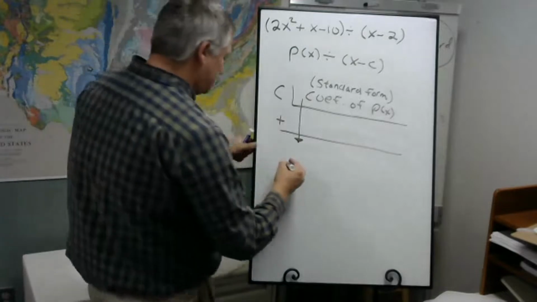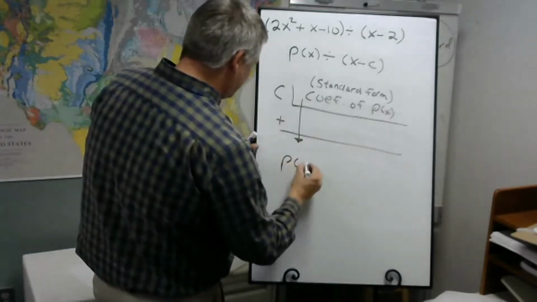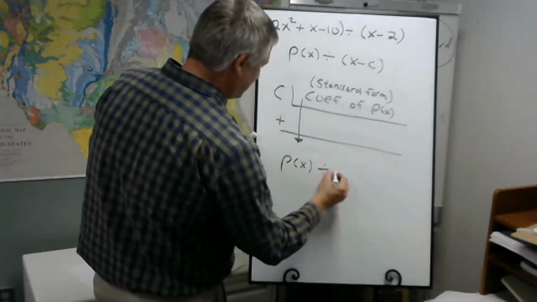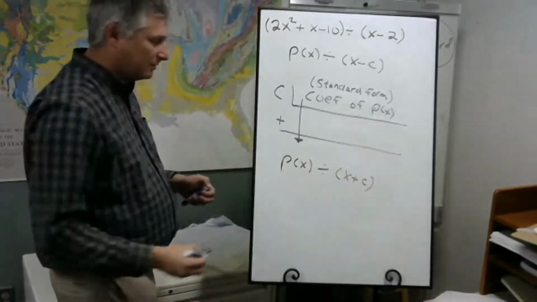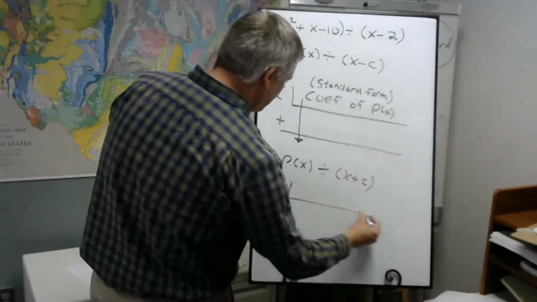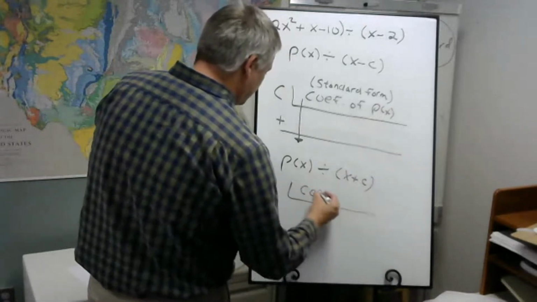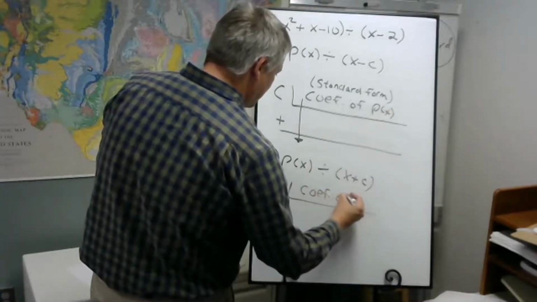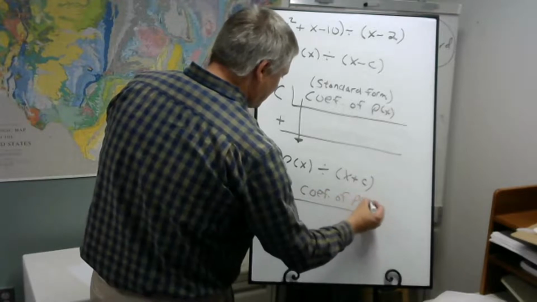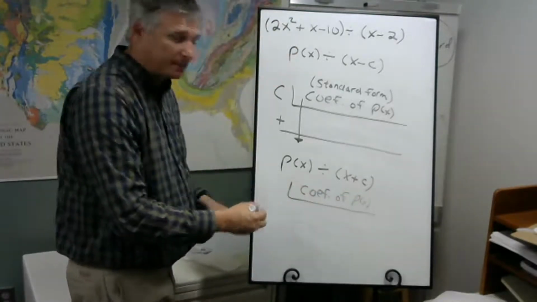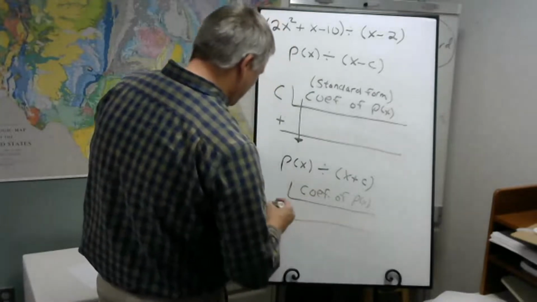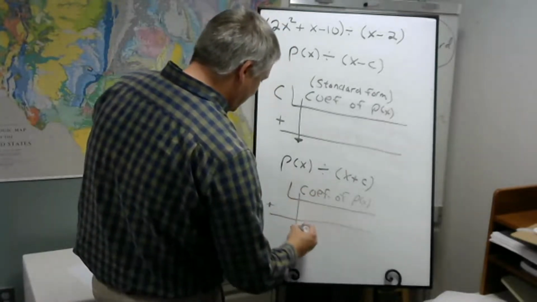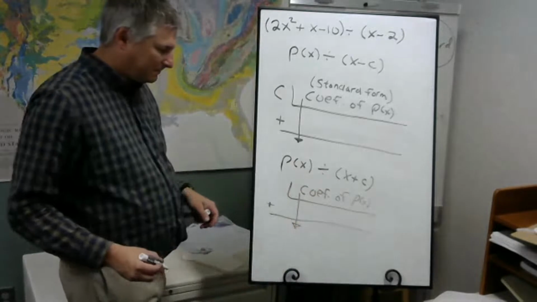Now, if it's x plus c, we set up, again, the coefficients of p of x, again, in standard form. And then we have our plus sign. We'll bring down the first coefficient.